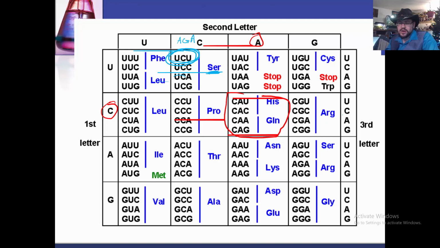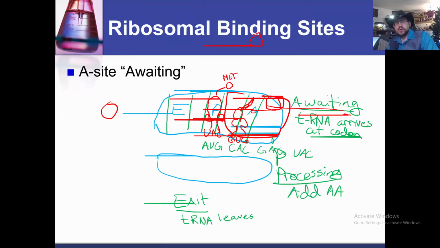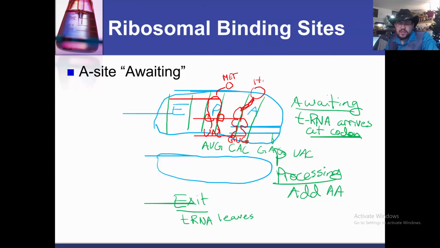And our third letter is C. Follow that over, CAC, and that is histidine, H-I-S. You do not have to know the names of each of these amino acids by heart. So at the awaiting site, we have our tRNA with its anticodon that fits to the mRNA codon and the amino acid it's carrying, histidine.